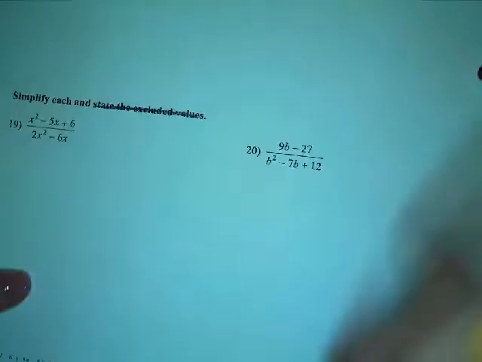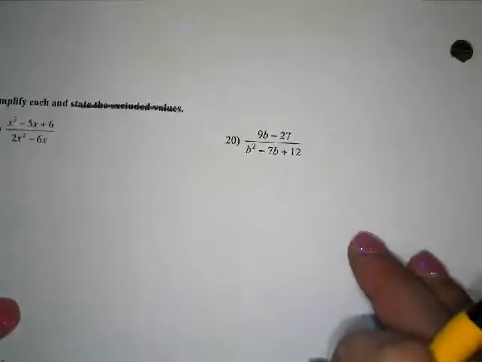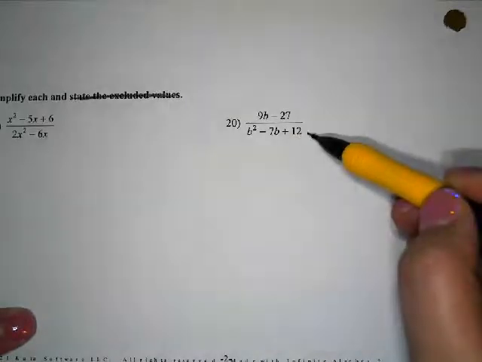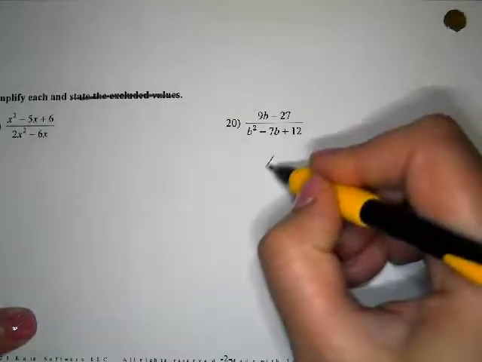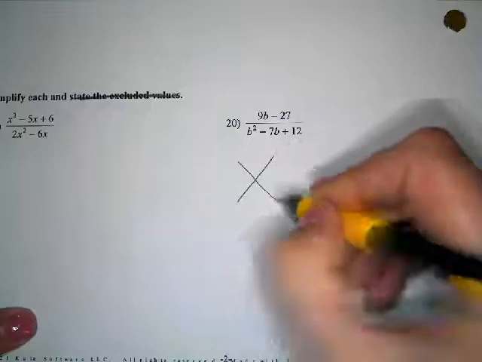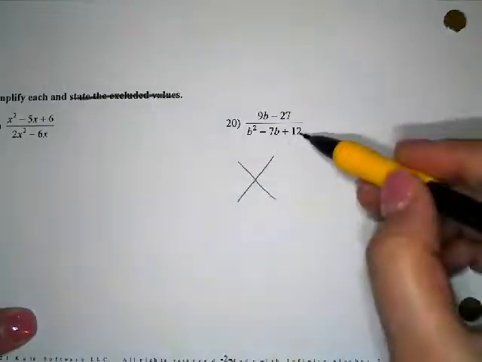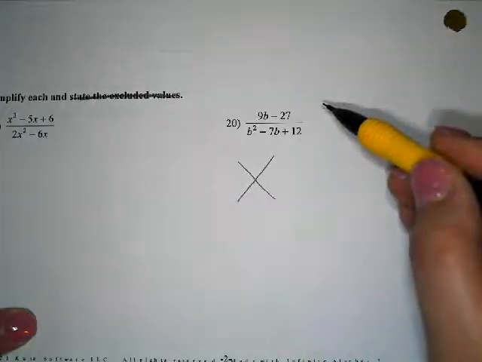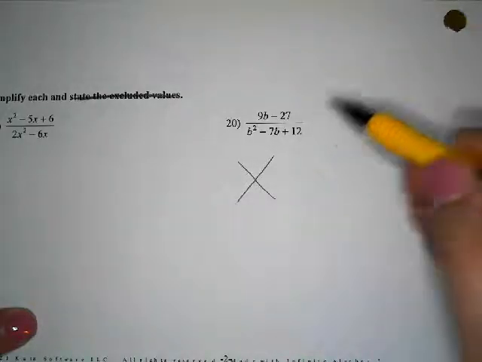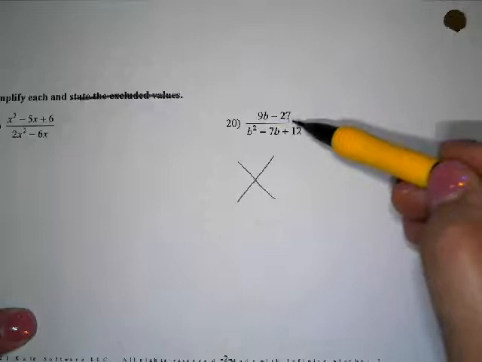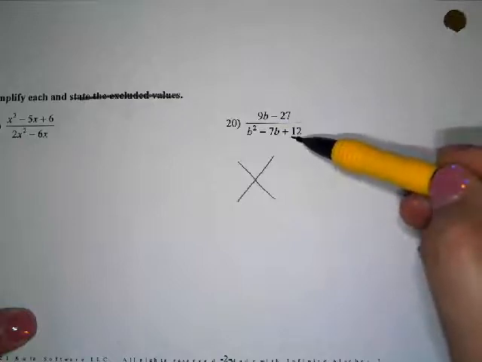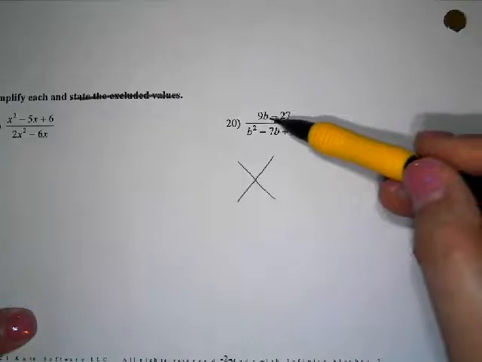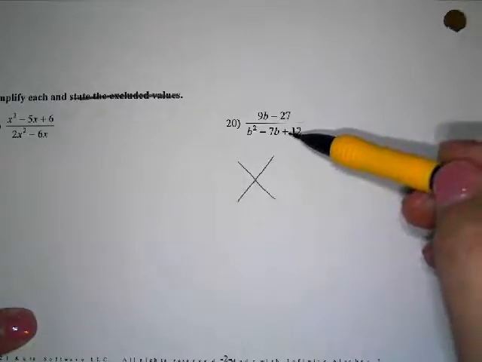So we know the one with 3 terms is one of the X type of factoring. We know the one with the 2 terms is either going to be difference of squares or it's going to be GCF. So if we look at the problem already, it's written as a fraction. It's numerator over denominator. It goes in descending order. So we've got b squared, b and then no b, so the order's correct. So at this point, all we have to do is factor.